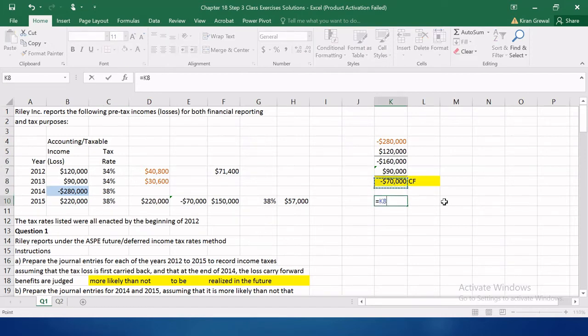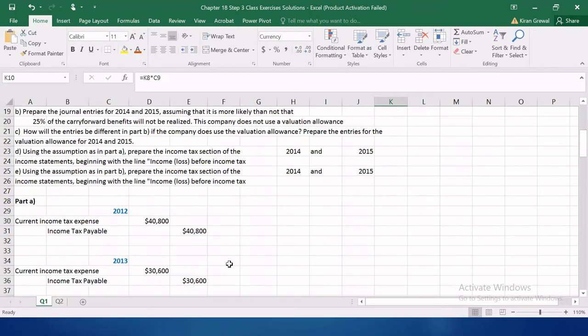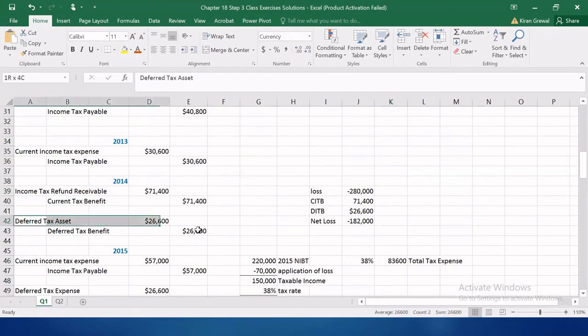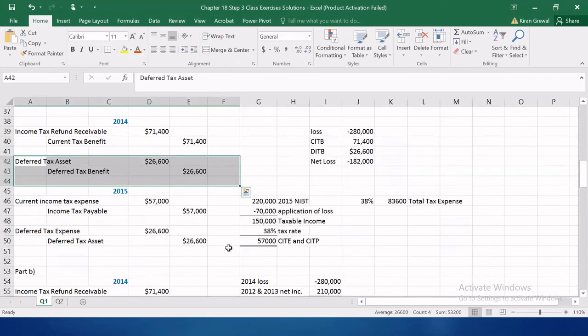So we're going to do 70,000 times our tax rate, and we're going to be recording a deferred tax asset of 26,600. Okay. So in the second journal entry, we're going to debit deferred tax asset 26,600 and credit deferred tax benefit 26,600.